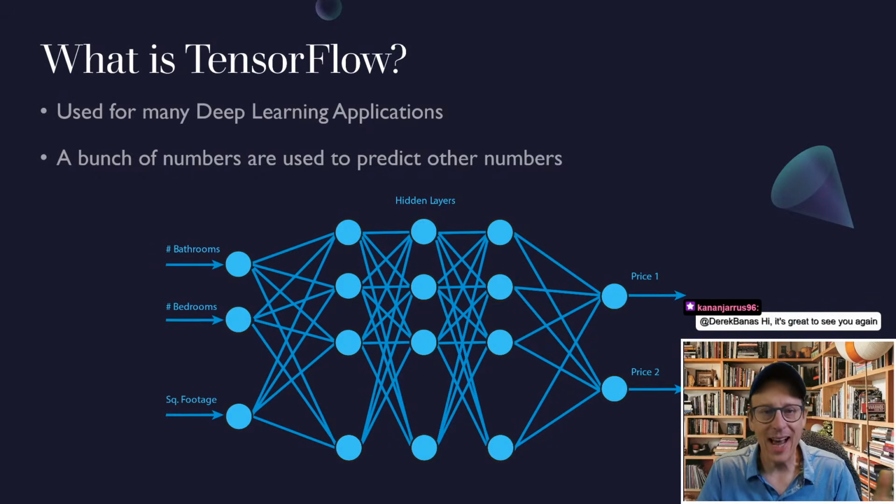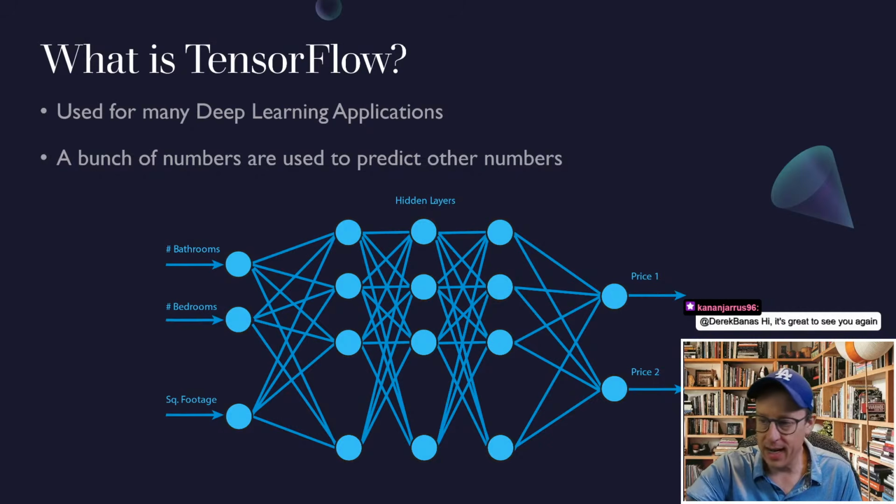Okay, so what exactly is TensorFlow? And I'm dumbing this down and making it very understandable. Basically, TensorFlow is used for many deep learning, machine learning applications. And to simplify everything, what it does is use a bunch of numbers to predict another number. And we'll get into why everything is numbers as the tutorial continues.